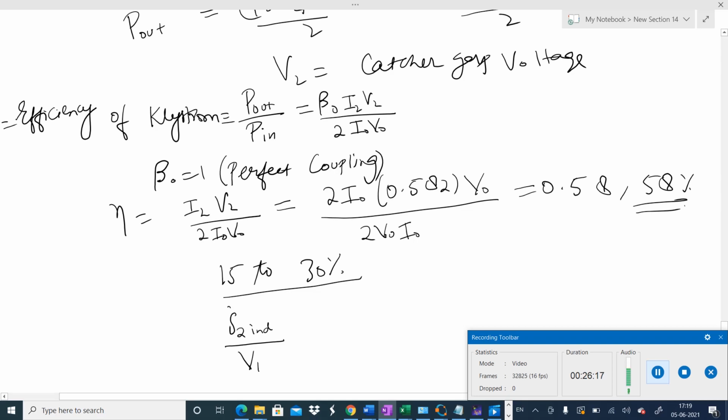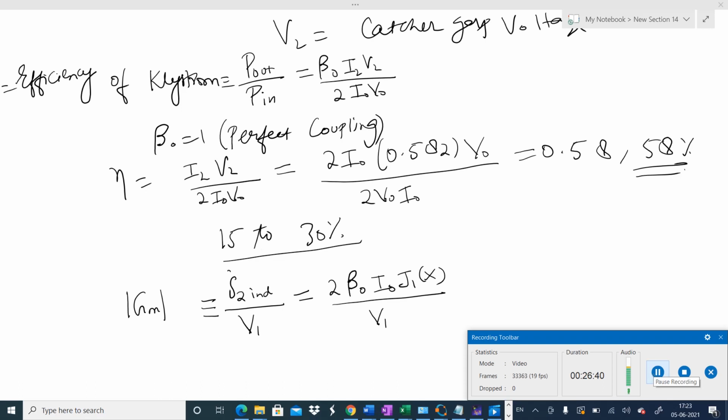So it is better to define the equivalent mutual conductance. I will call this magnitude of GM. We only take the magnitude, and it will be equal to the induced fundamental current, 2 times beta naught I naught Bessel function J1 of x, divided by V1.